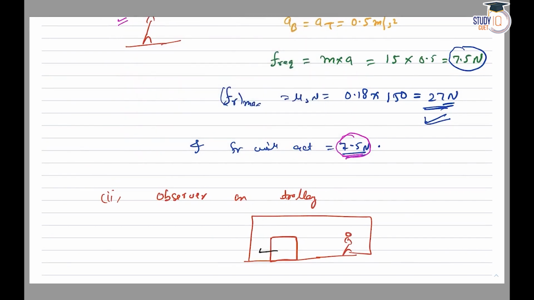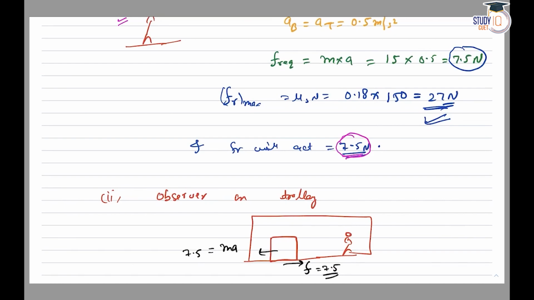So in this case, the force which is acting on it is pseudo force, and this pseudo force is balanced by friction force, and the value of pseudo force is equal to 7.5 Newton. So the person on trolley will also say that the block is at rest with respect to trolley.